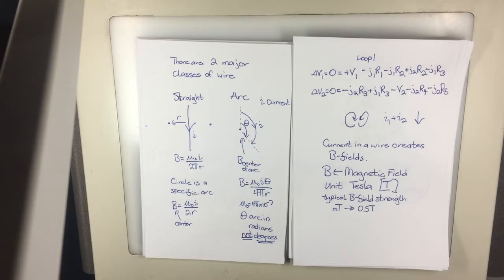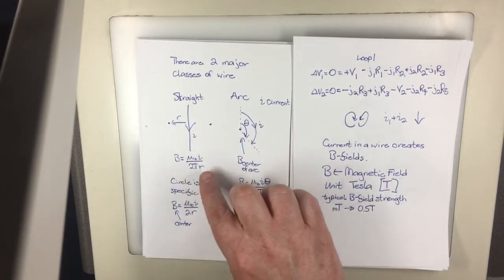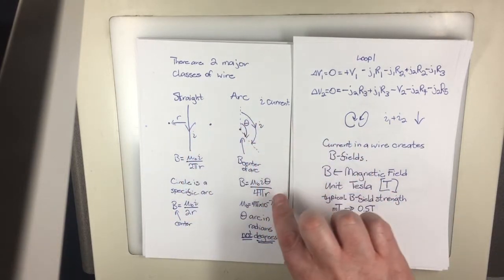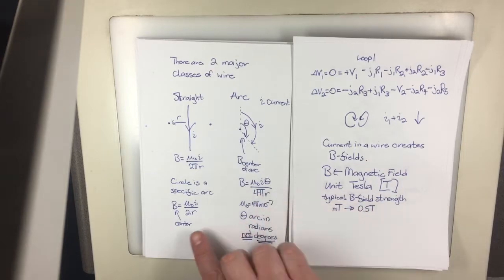A lot of people ask me, well, if a straight wire is mu naught I over 2 pi r and an arc is mu naught I theta over 4 pi r, where'd the pi go? Why did it disappear? It's got a pi in all the other equations. Correct in a way.